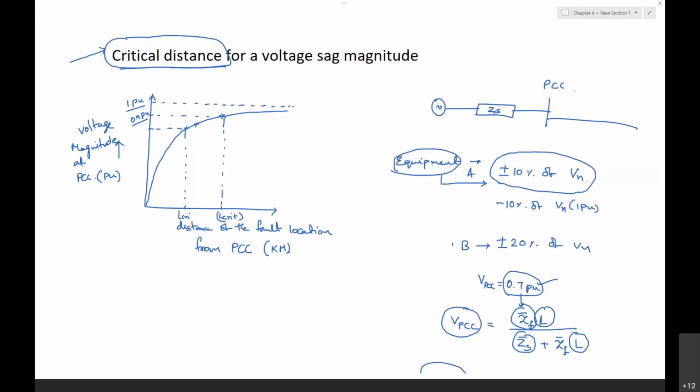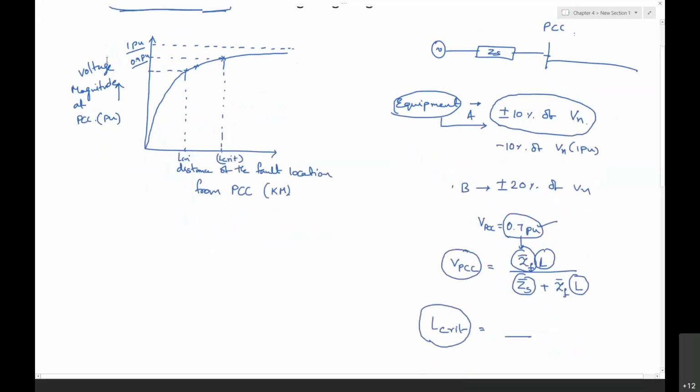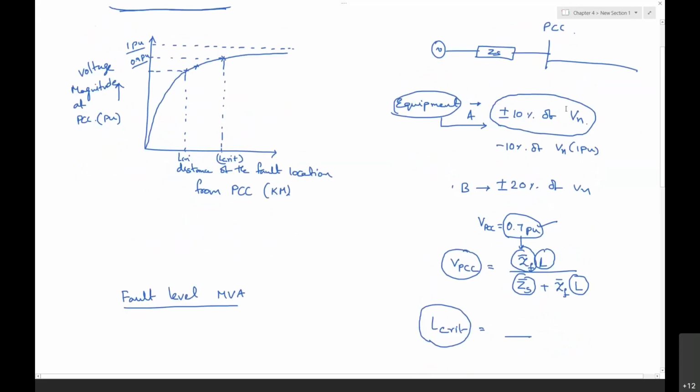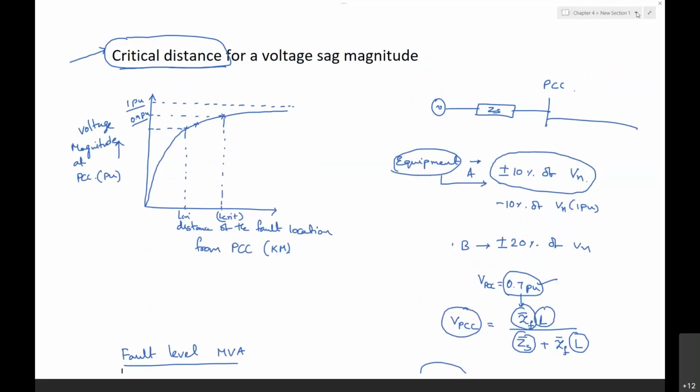Next is the voltage sag magnitude. How does it depend upon the fault level MVA? This we have seen with respect to the fault level MVA in an earlier class of this particular problem.